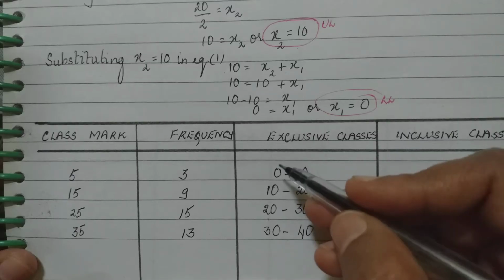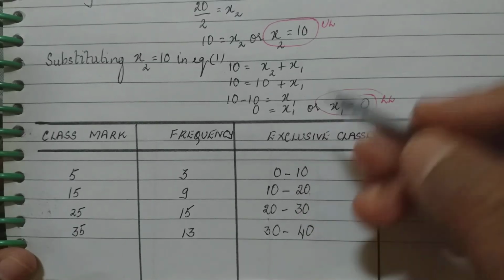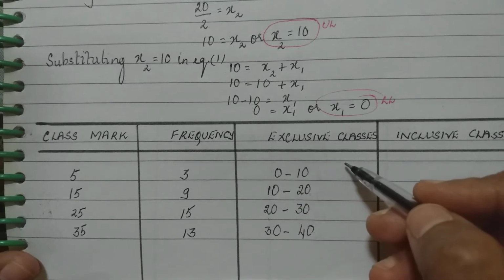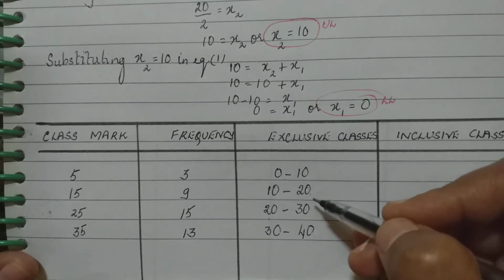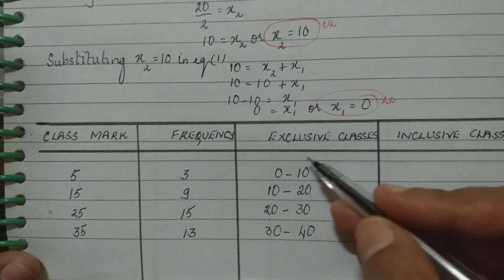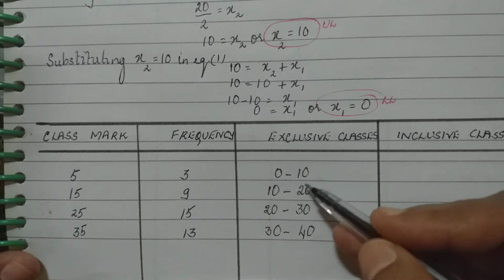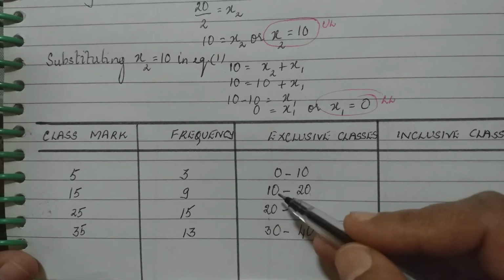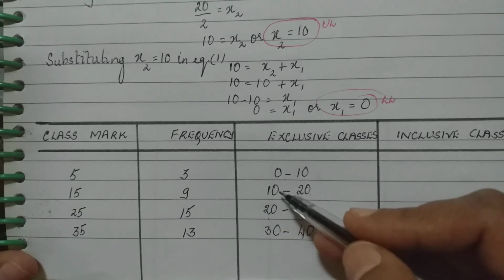First we get the first exclusive class, that is the lower limit and upper limit, and write the first class. Then, when we are writing exclusive classes, what we have to keep in mind always is that the upper limit of one class is the same as the lower limit of the successive class.